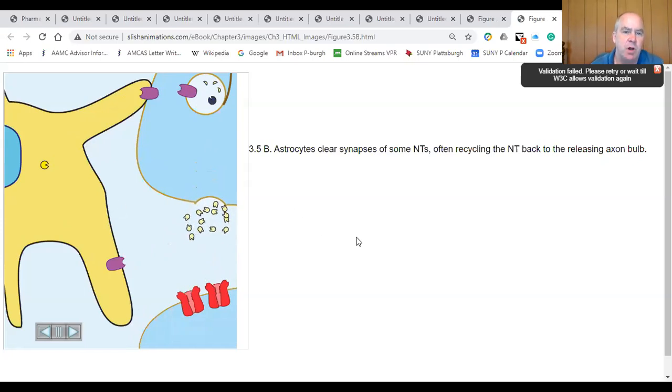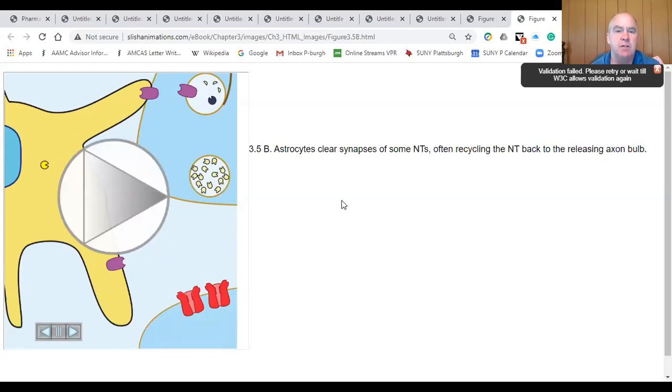Let's watch that again. Okay. Neurotransmitter released, response over here, and now taken up by the astrocytes and recycled back into there. Okay, so that is your glutamate, your glycine, probably your GABA.